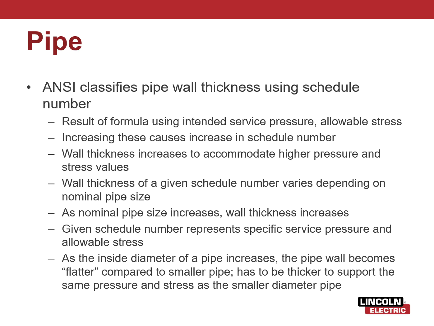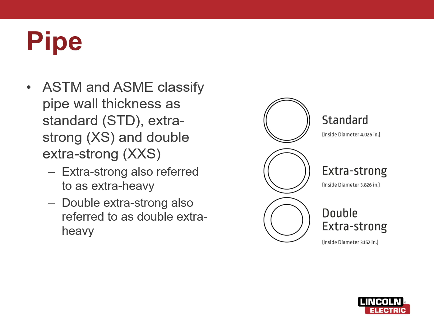Right? So if you needed more pressure, and you needed to upgrade your pipeline system, maybe like a steam generator at a power plant, you would need to go to a greater diameter or greater schedule number to increase the capable pressures. And volume also plays a role in that. So the ASTM and ASME classify pipe wall thickness as standard, STD, extra strong, XS, and double extra strong.